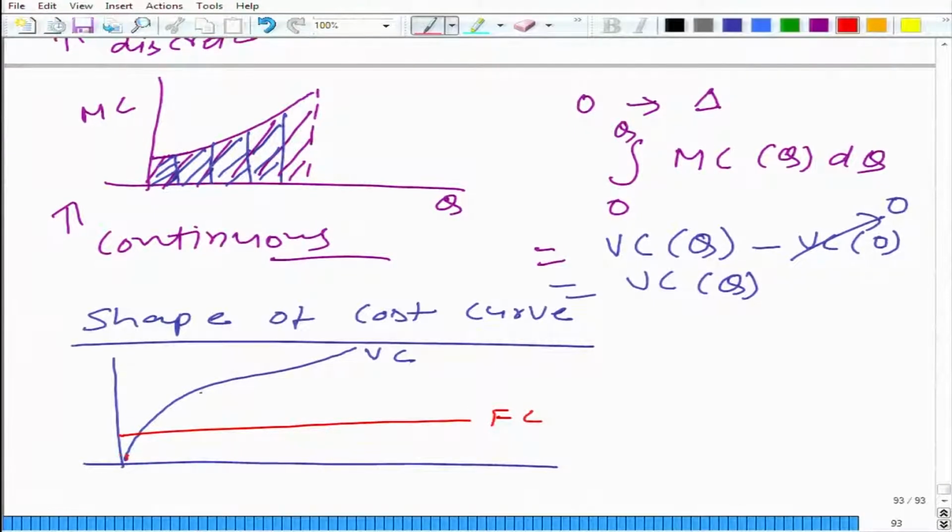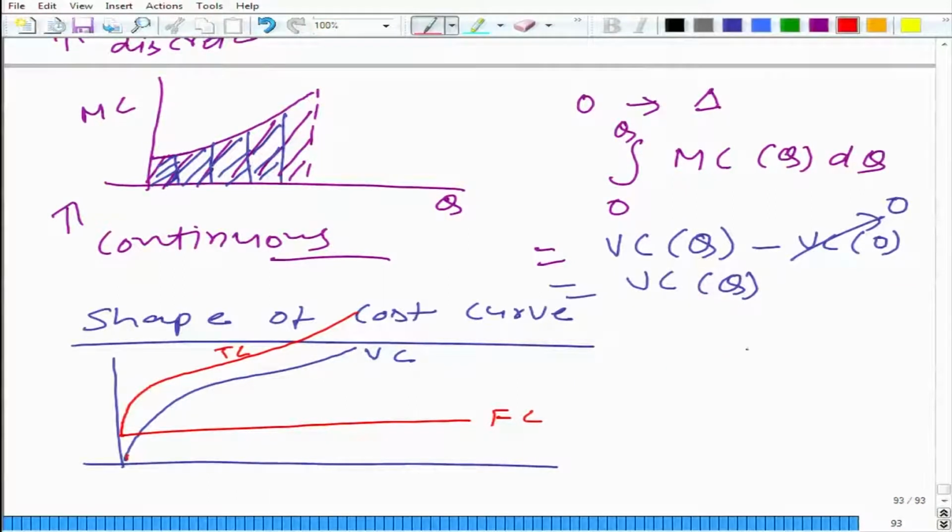A parallel shift in this will give us the total cost curve.